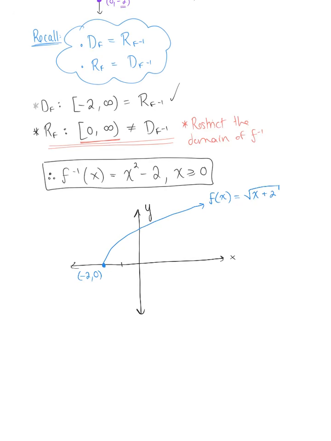And then with the domain restriction on our inverse function, it's been shifted down 2 units. So it has that vertex still at 0, negative 2, but we're only now considering the right-hand side of the graph. So this is f inverse of x is equal to x squared minus 2, where x is greater than or equal to 0. And we can also see now, if we think about that diagonal line at y is equal to x, we can see that the function and its inverse are perfectly symmetric across this line.